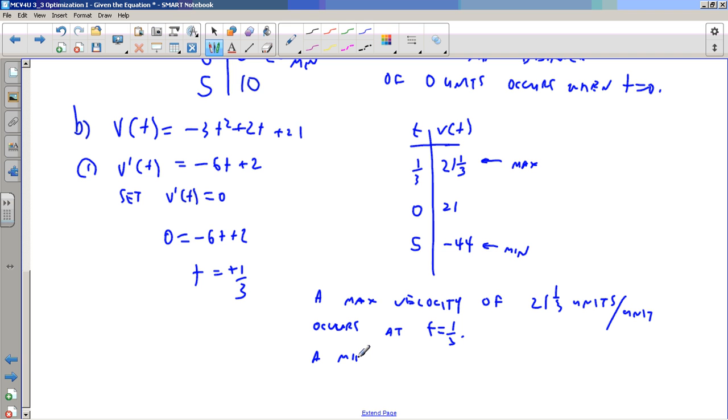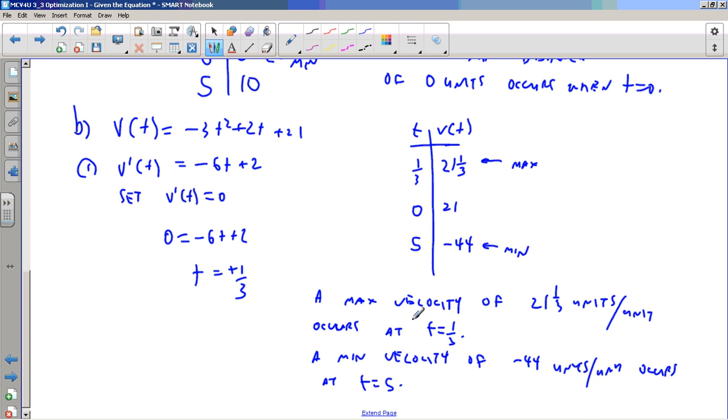A min happens at the endpoint, right? Minimum velocity of negative 44 units per unit occurs at t equals 5.